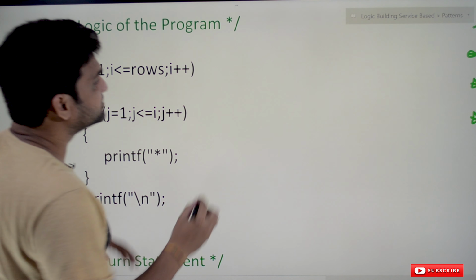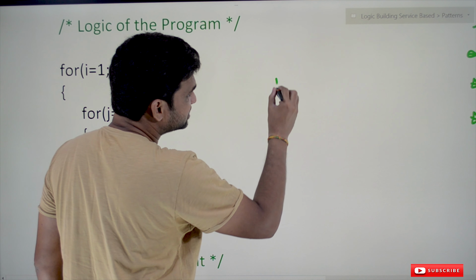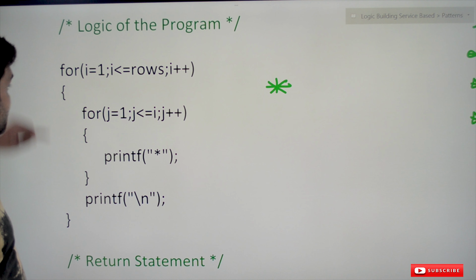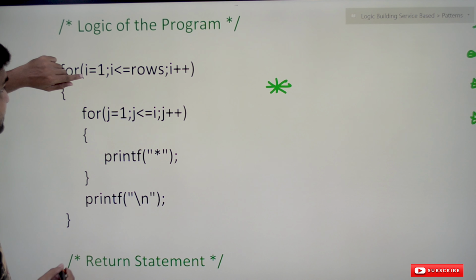what is the logic behind this pattern? If we are in the first row, we have to print 1 star. We are in the first row means the value of I is equal to 1.